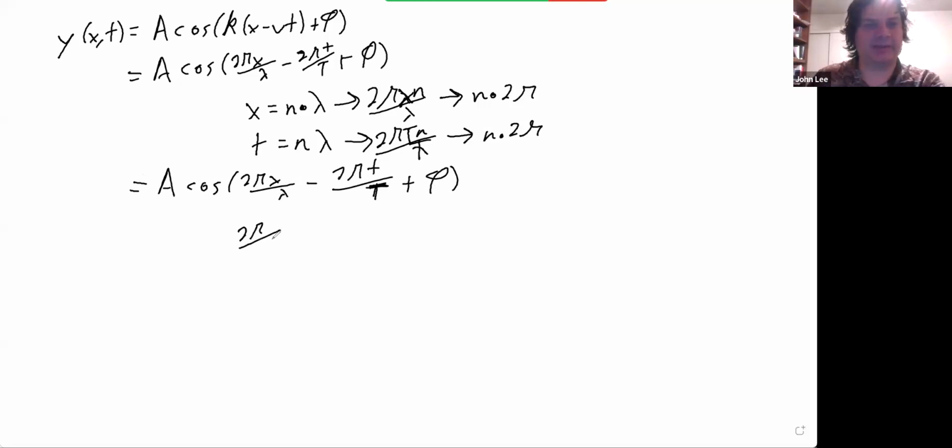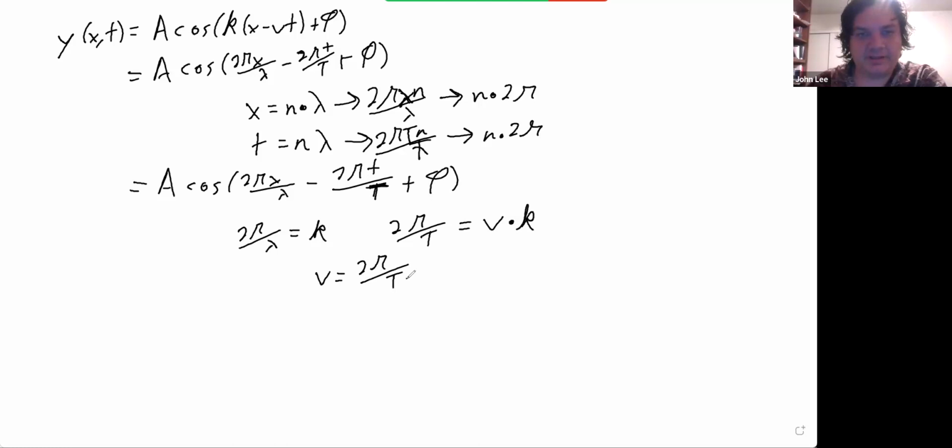So 2 pi over lambda is equal to k, and 2 pi over period is equal to v times k. So therefore, v is equal to 2 pi over period times 1 over k, which is 2 pi over period times lambda over 2 pi, which is equal to lambda over period, which is equal to lambda times f.